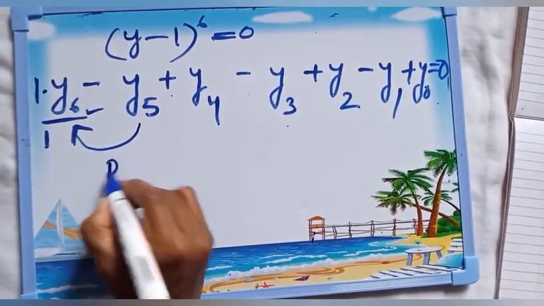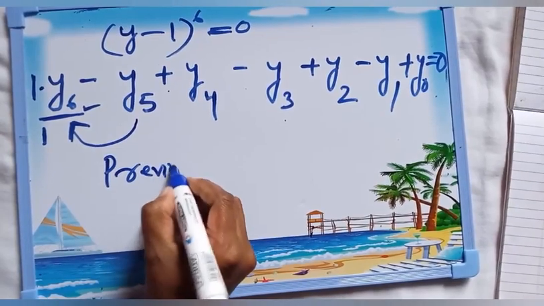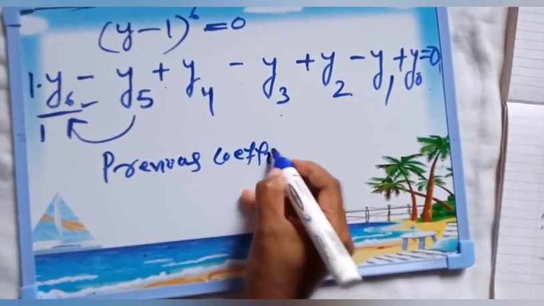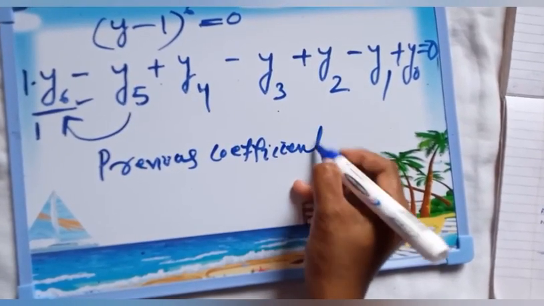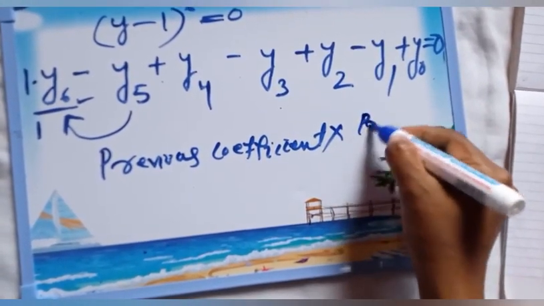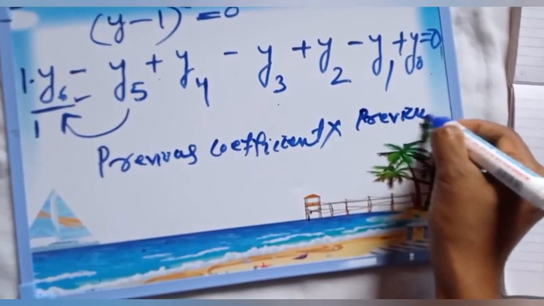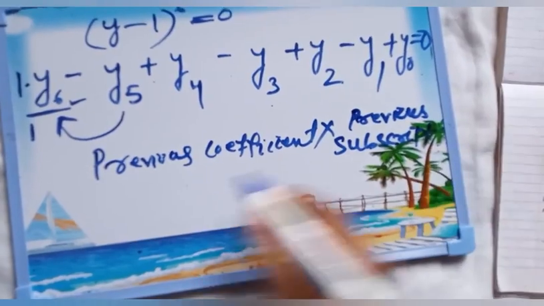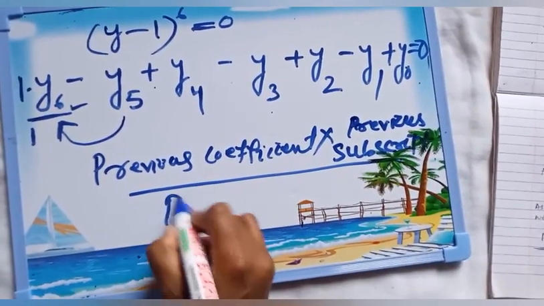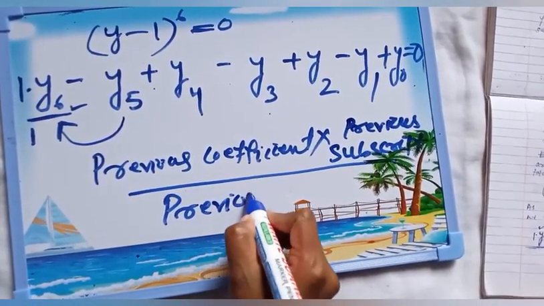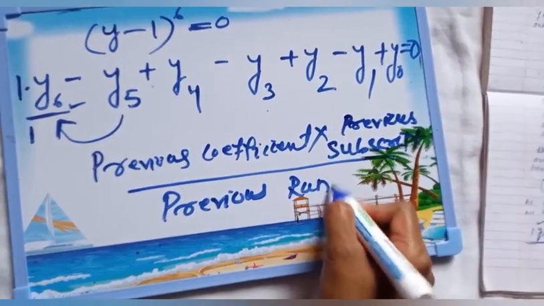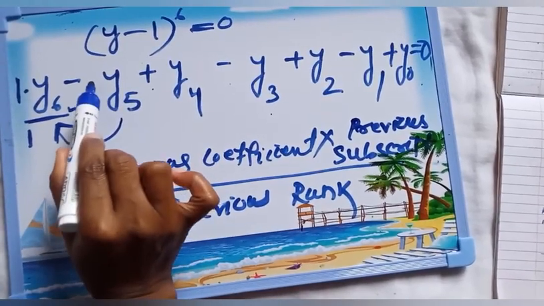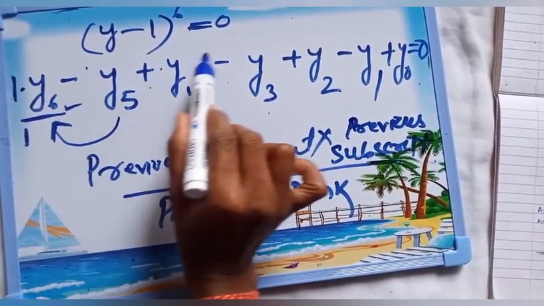First one, previous coefficient into previous subscript divided by previous rank. This is the formula to get the coefficient, and here also, here also.